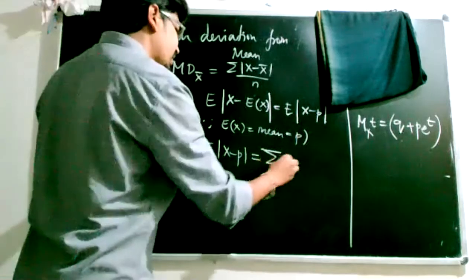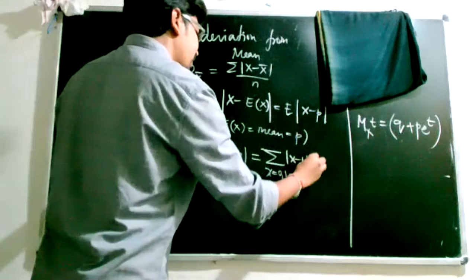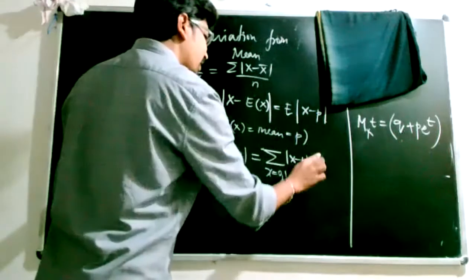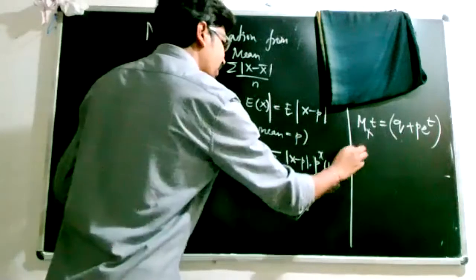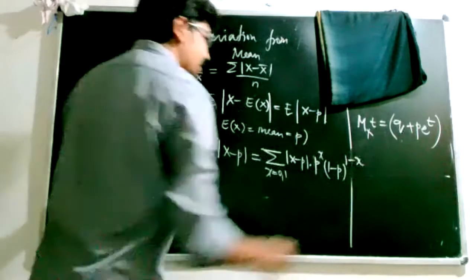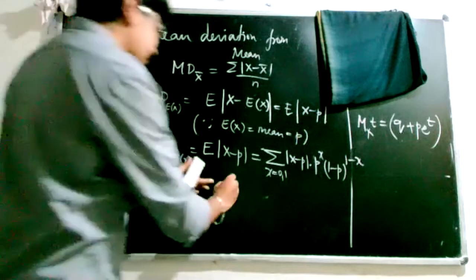So this will be summation x equals 0 to 1 mod x minus p into p of x. So directly write p of x, which is p power x, 1 minus p to the power of 1 minus x. So now put x is equal to 0 and 1 and simplify this.